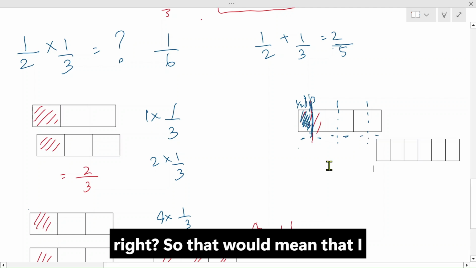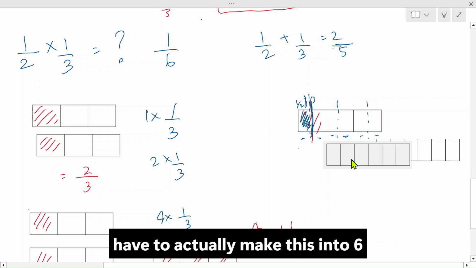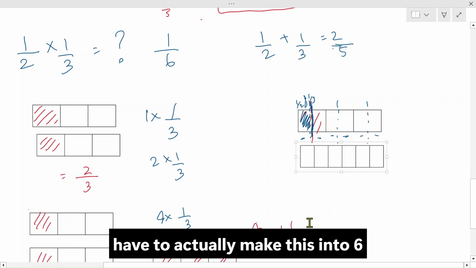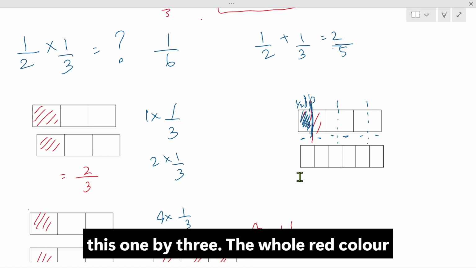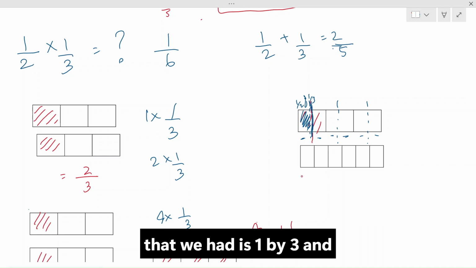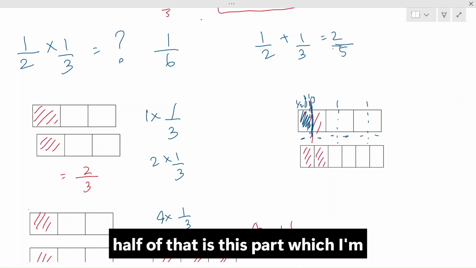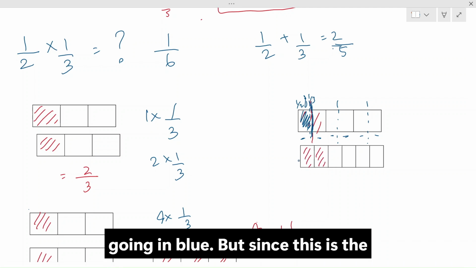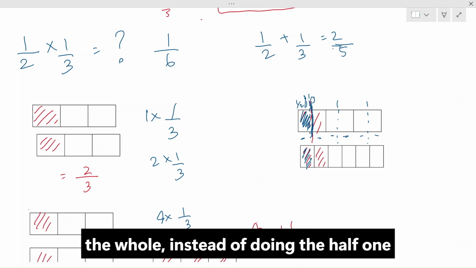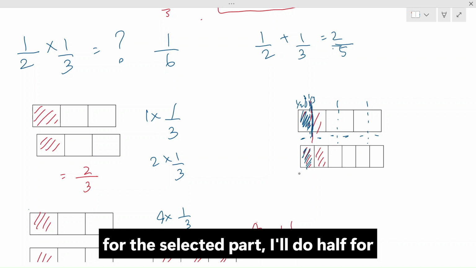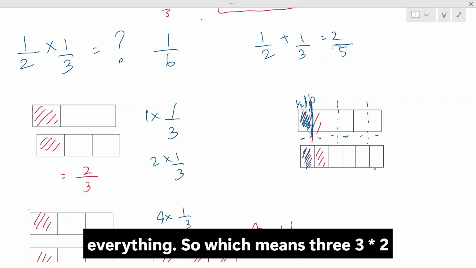Right, so that would mean that I have to actually make this into six equal parts, right? So earlier this 1 by 3, the whole red color that we had is 1 by 3, and half of that is this part which I am doing in blue. But since this is the equal part that I have to represent in the whole, instead of doing the half only for the selected part, I'll do half for everything.